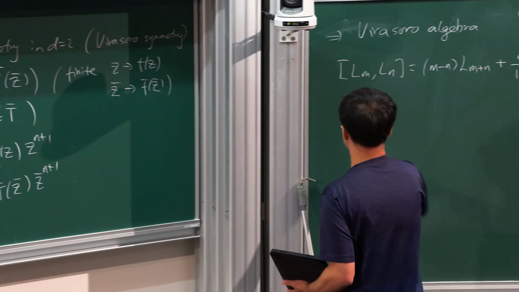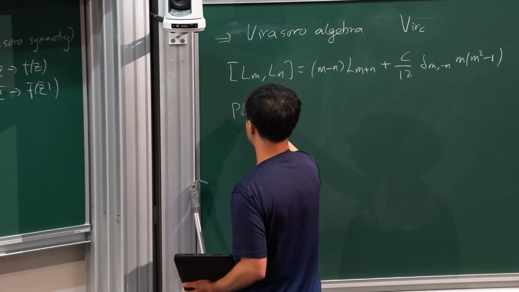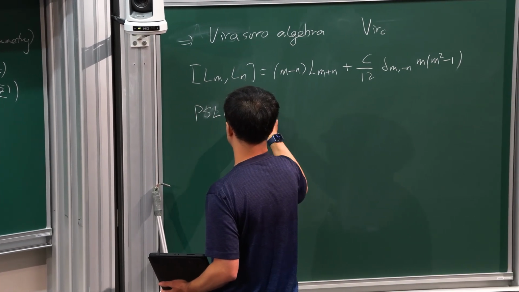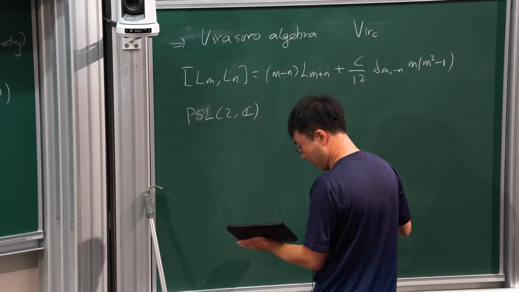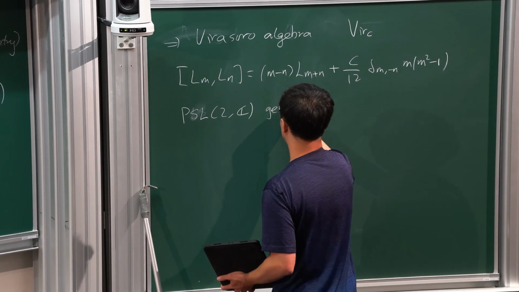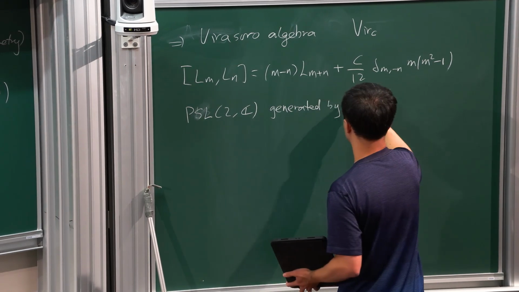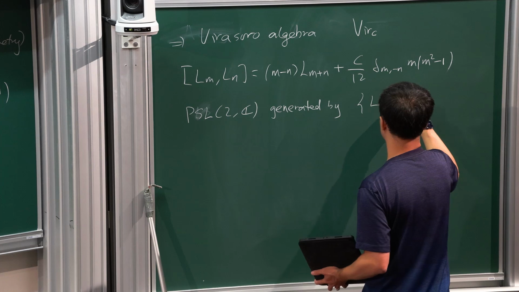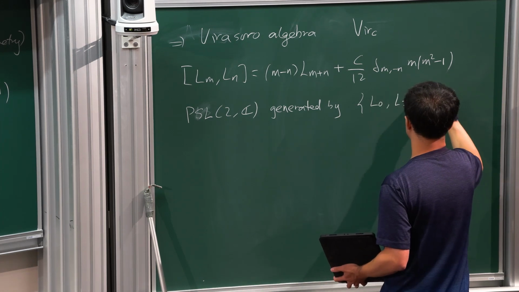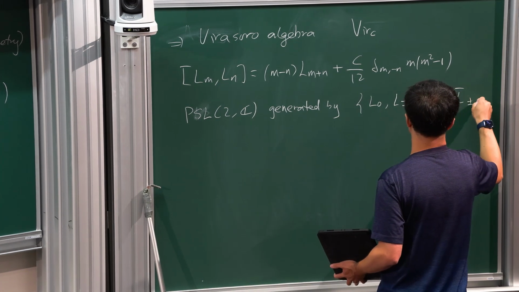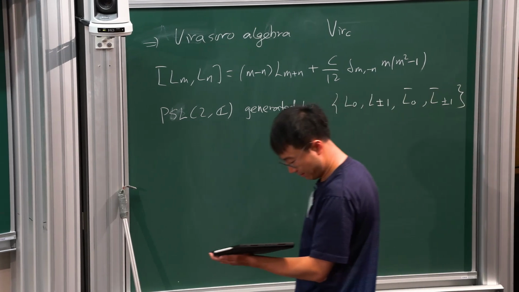All right. And once again, the global part of this infinite-dimensional conformal symmetry is generated by this subset of generators L0 and L plus/minus 1, and L0 bar and L bar plus/minus 1.